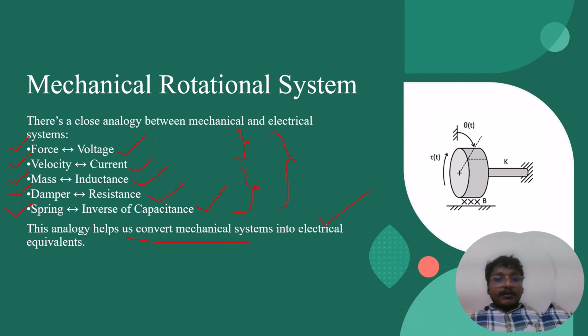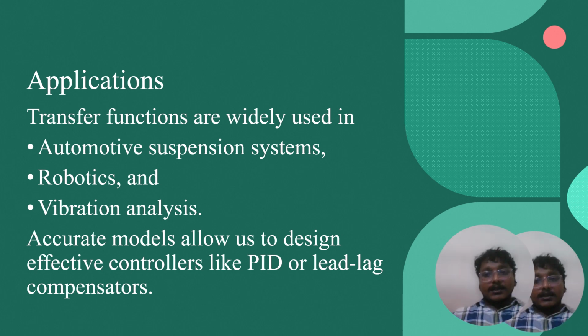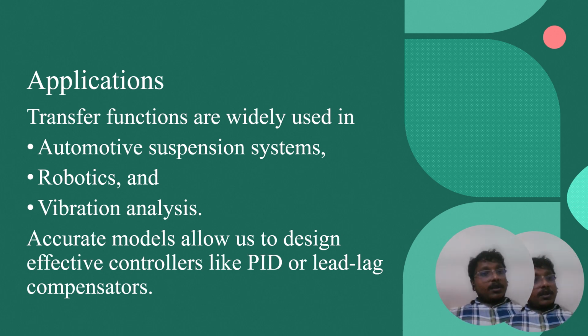Next we will see what the applications are, because we need to understand where exactly this will be used in our electrical terminology. The transfer functions are widely used in automotive suspension systems, robotics and vibration analysis.